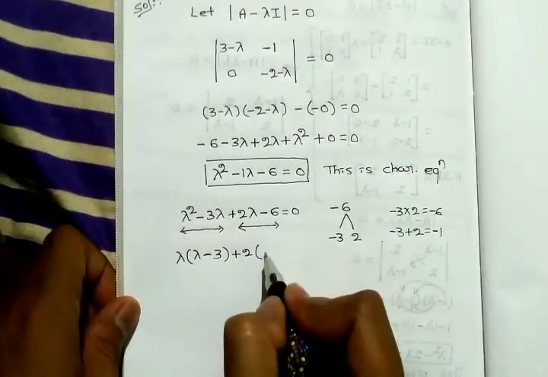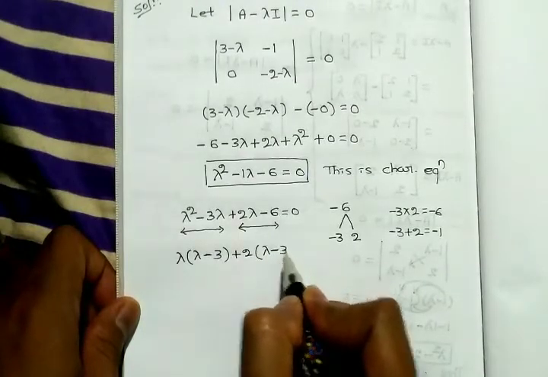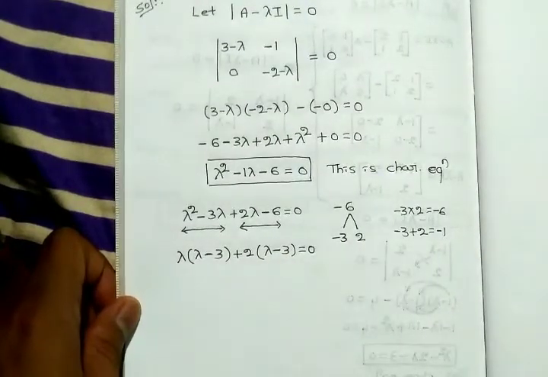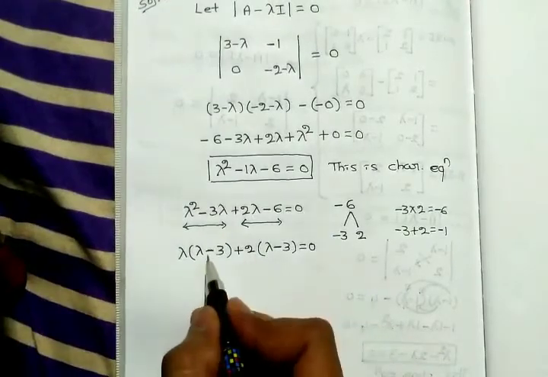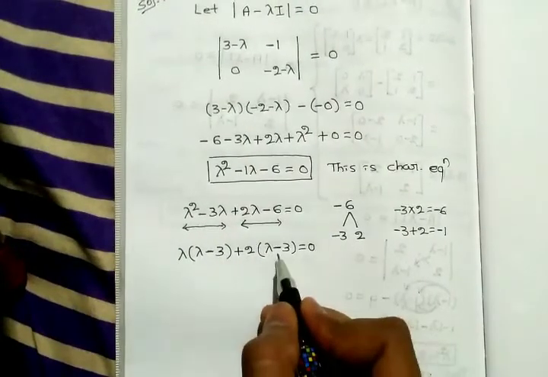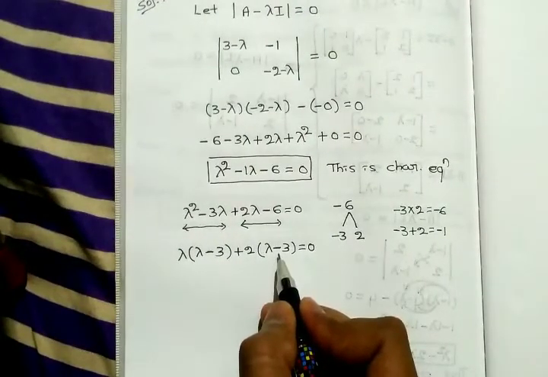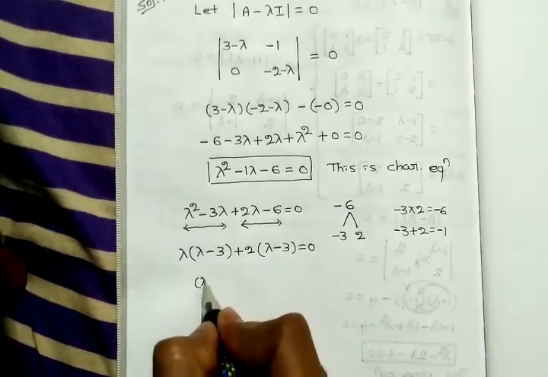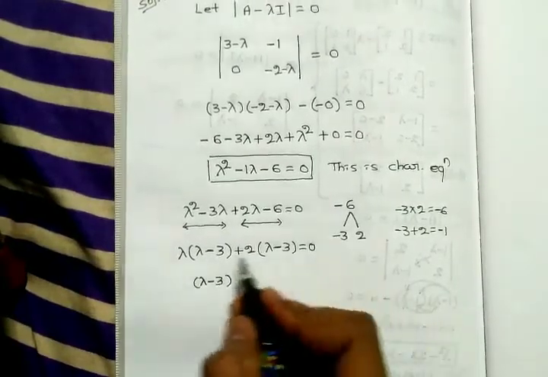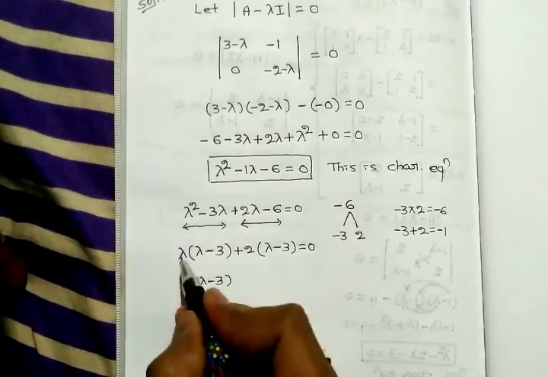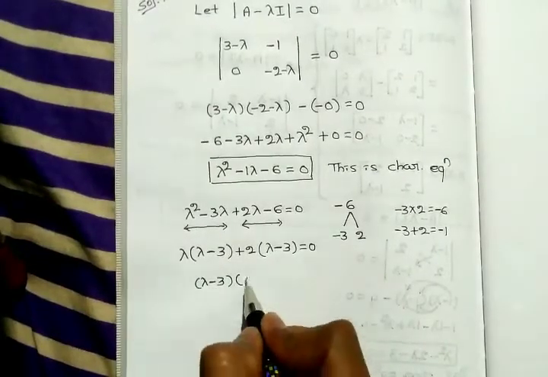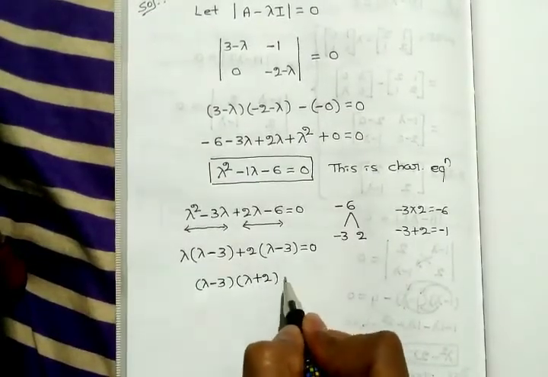If I take plus 2 outside, the remaining value is lambda minus 3, equal to 0. Again, lambda minus 3 is there in the first term, and in the second term also. So take lambda minus 3 outside. The remaining value is lambda plus 2, equal to 0.